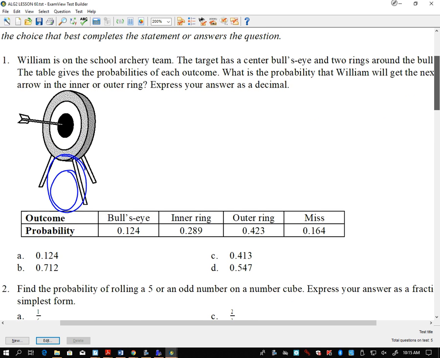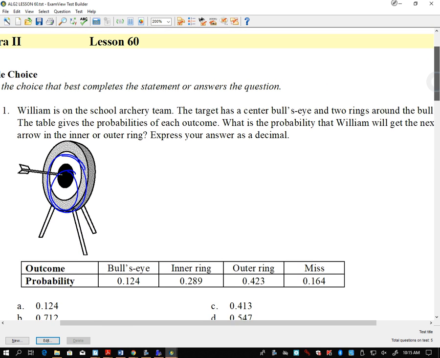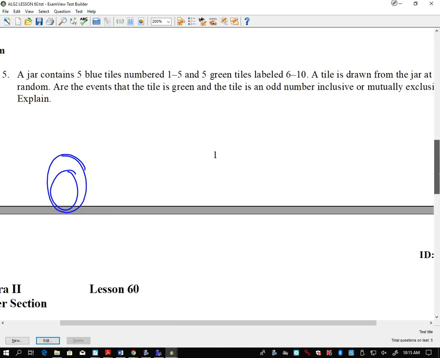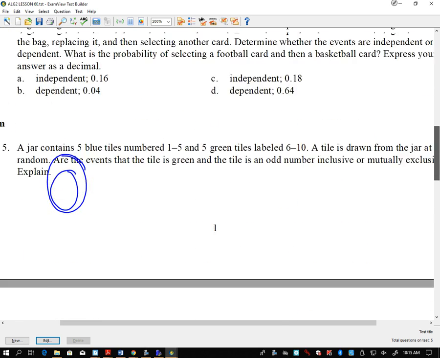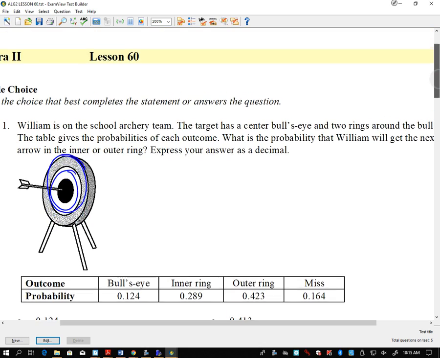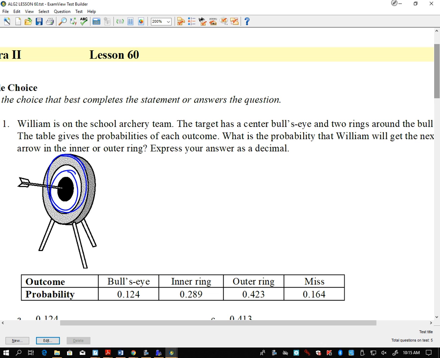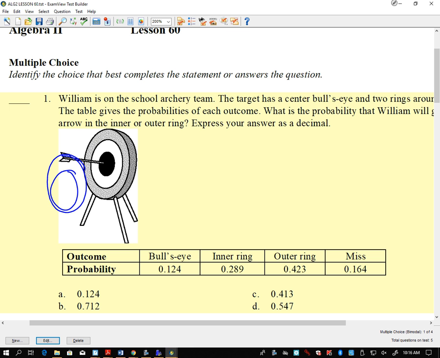We get B for an answer. B is our answer. So what we have here are mutually exclusive events, right? We're seeing the practicality there. They're just showing me the probability, and all I'm doing is adding those two things together. So when we see "or," we're thinking add.